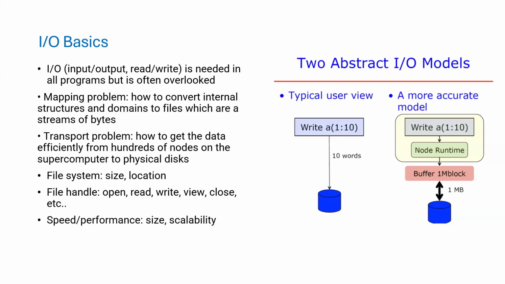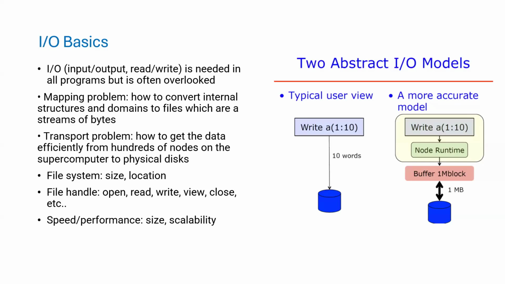The right side of this simple diagram illustrates the two abstractions. From a program point of view, we just need to write an instruction and say write 10 words to a disk. It's just that simple. We don't need to understand what's going on.